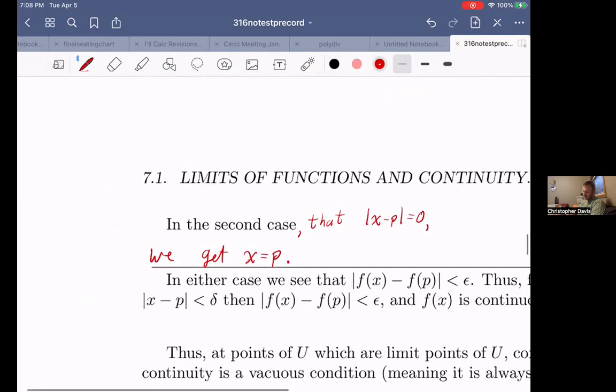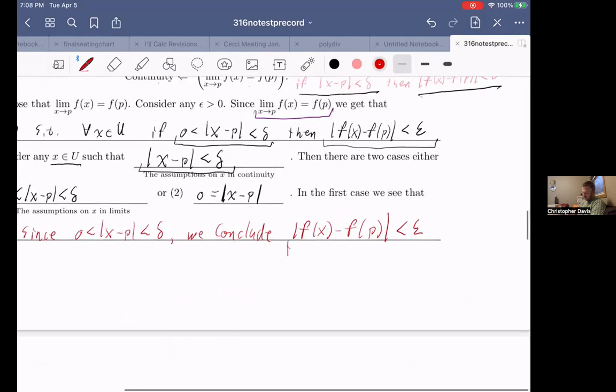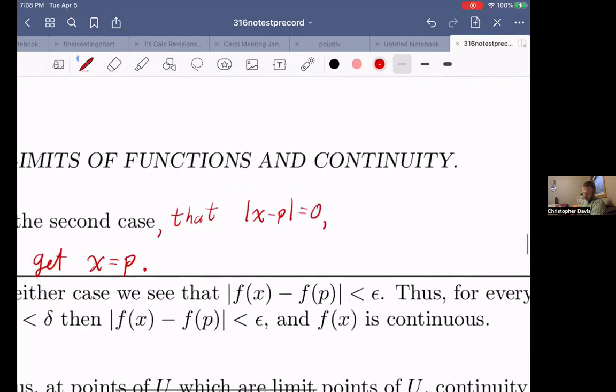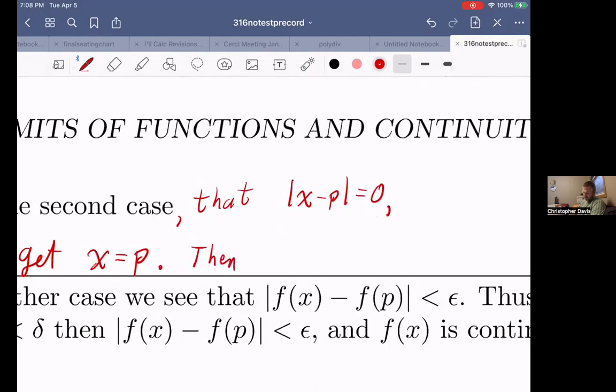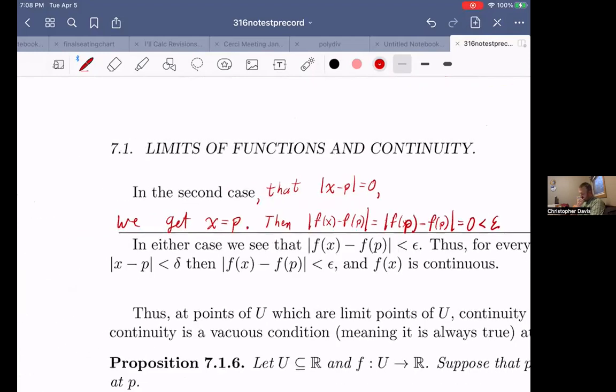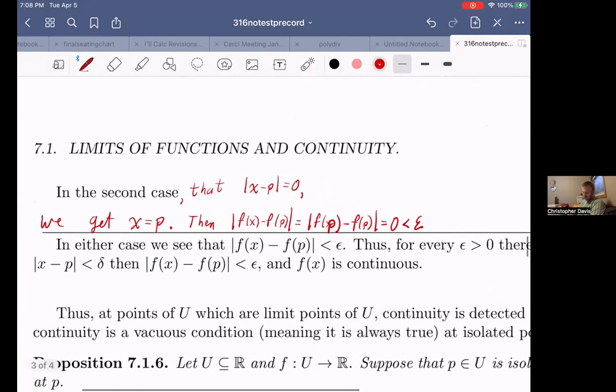And that's really strong. So let's just see if that's good enough to get this result. Then the absolute value of f of x minus f of p, well, x is p, so that's the absolute value of f of x, f of p is x, minus f of p. Oh, that's 0, which is in particular less than epsilon. Nice. So in either case, we got this conclusion.